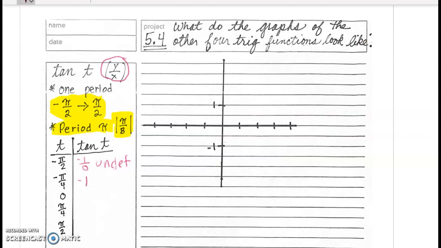So that means y over x would be 0 over 1, which is just 0. At pi over 4, we have square root of 2 over 2, square root of 2 over 2. Divide those two, you simply get 1. And at pi over 2, our coordinates are 0, 1. So that would mean we have 1 over 0, y over x. And again, we would get undefined.